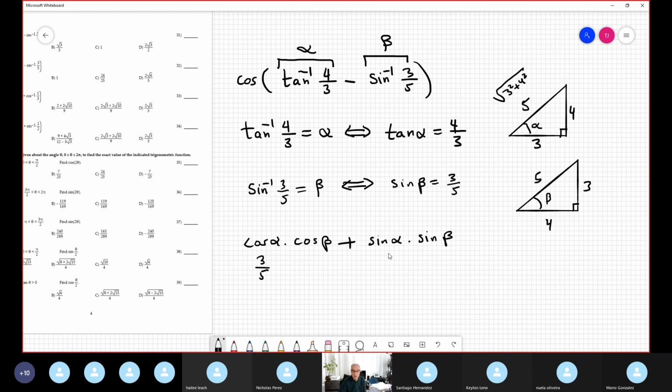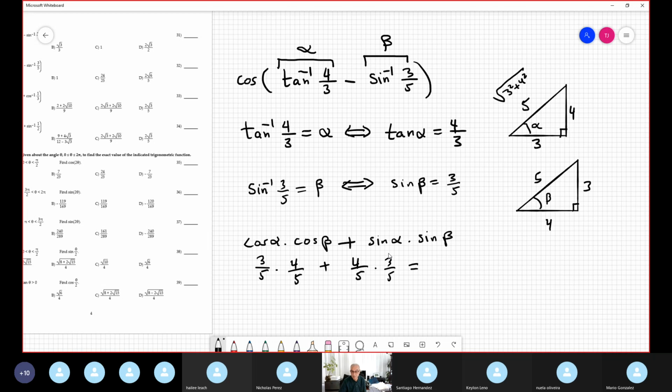It's adjacent over hypotenuse. Multiplication. Cosine beta is 4/5. Plus sine alpha is 4/5. Times sine beta is 3/5. Exactly the same we have at the beginning.